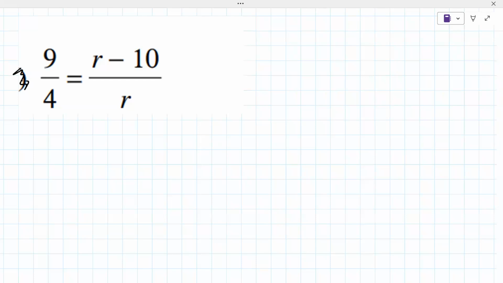So 9r equals 4r minus 40. Minus 4r, plus 5r equals 40. 45. r equals -8. Got it.